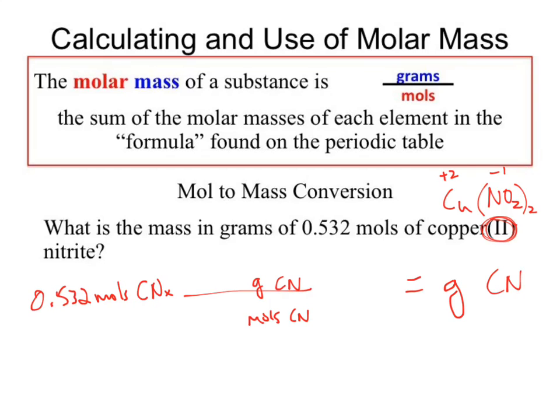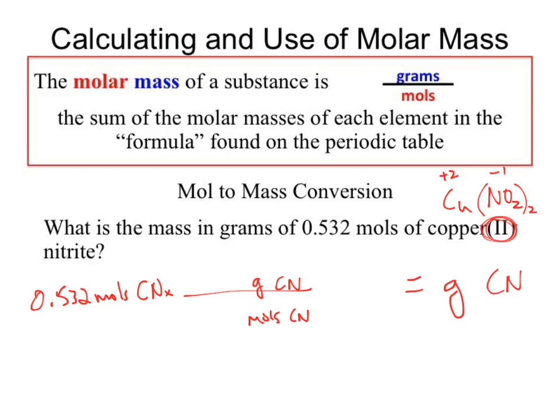Do we have a way to convert between grams and moles? This slide is interesting. What does it say at the top? We have a way to convert between grams and moles. To do that conversion, we have to know the mass in 1 mole of copper nitrite.